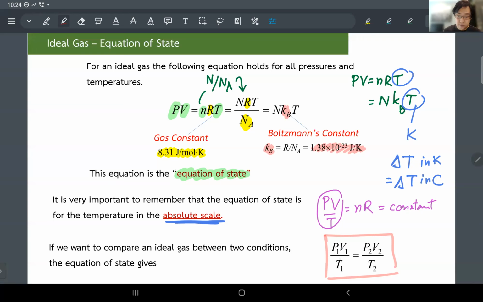This is the reason why you can write P1 V1 over T1, which is just for the first scenario or first state of the gas. Then you change everything, and P2 V2 over T2 must stay exactly the same. This is going to be very useful later. But for now, that is the introduction, or maybe the revision, of the gas equation, or the equation of state. Not too bad.